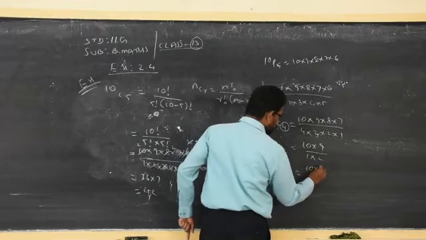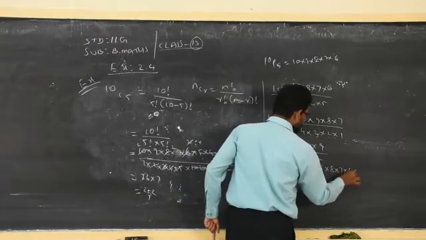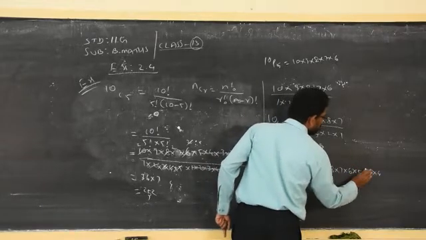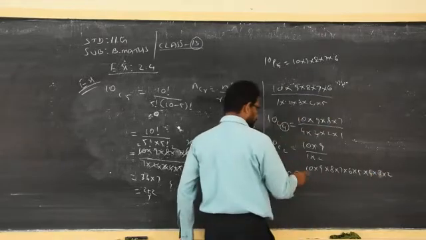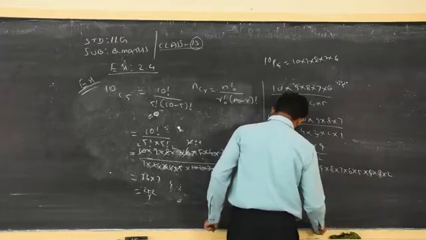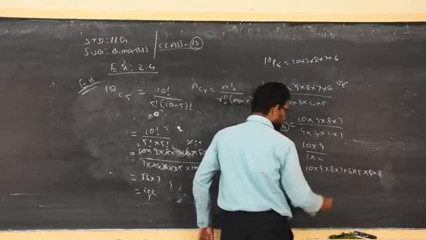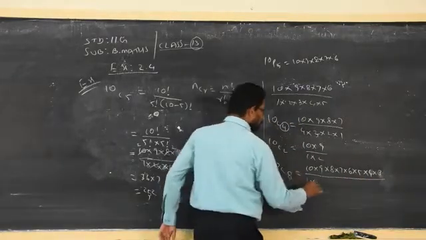So 10 into 9 into 8 into 7 into 6 into 5 into 4 into 3. 8 numbers, you check: 1, 2, 3, 4, 5, 6, 7, 8. Then you write the denominator either from 8 to 1 or 1 to 8.